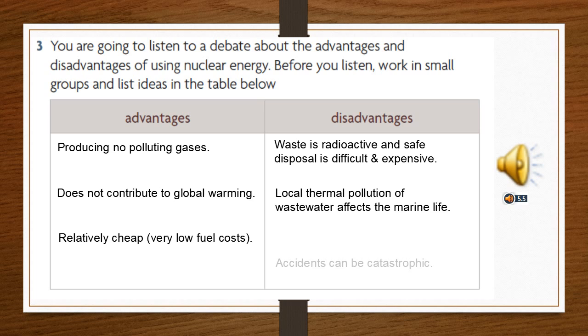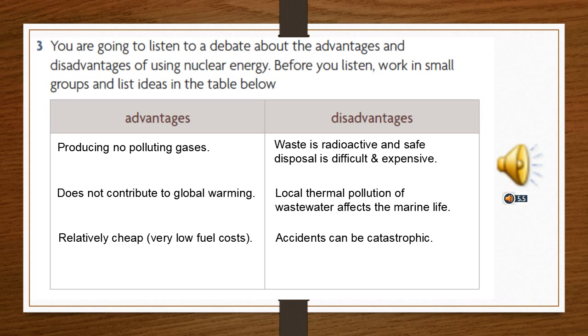The other thing, we agreed that it does not contribute to the global warming, but they use water to cool down the nuclear power plants. So they produce local thermal pollution of the waste water. This might affect the marine life.